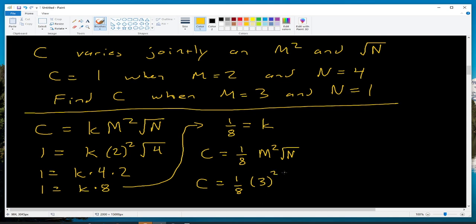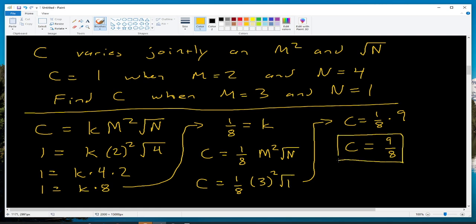And they tell us n is 1, so we put a 1 in for n. So we get c equals 1/8 times 9, and square root of 1 is 1, so multiply 9 by 1 just leaves it 9. 9 times 1/8 is 9/8, so c equals 9/8, and we are done there.